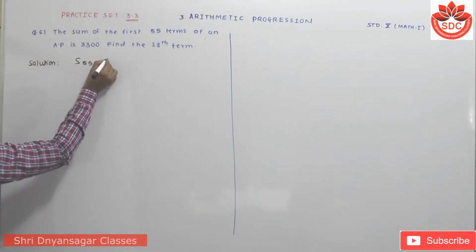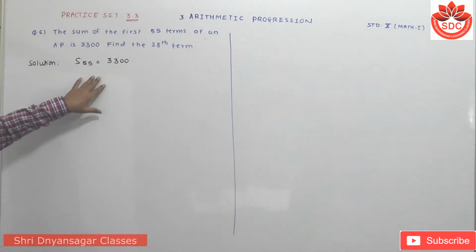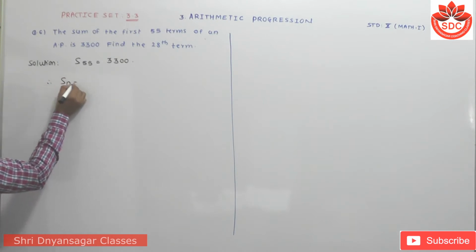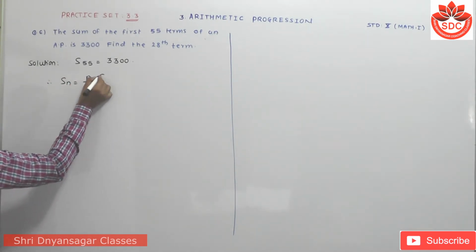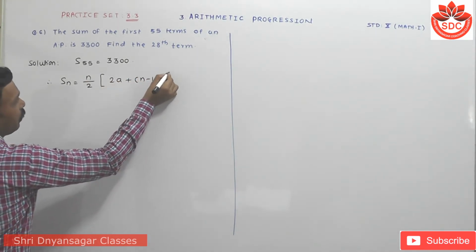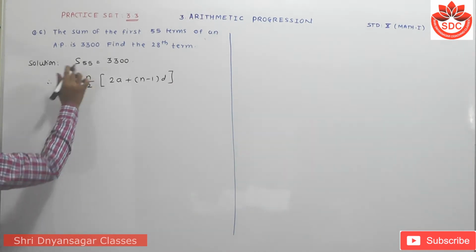The simplified term is given here as 3300. Students, we use this value. First, the formula for Sn is equal to n upon 2 in bracket twice a plus n minus 1 into d. Substitute this value. Here n is 55.